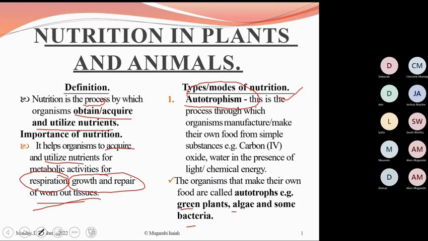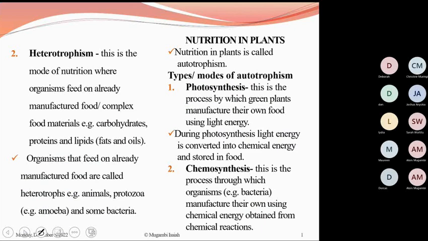When we say some in biology, it means there are others that do not show the mode of nutrition we call autotrophism. The other one is heterotrophism, the mode of nutrition where organisms feed on already made food substances like proteins, carbohydrates and lipids.